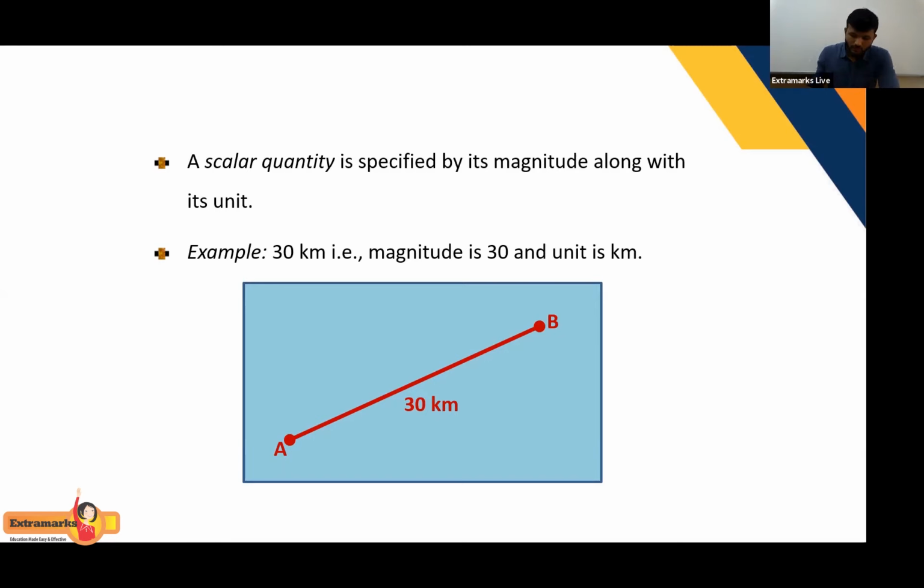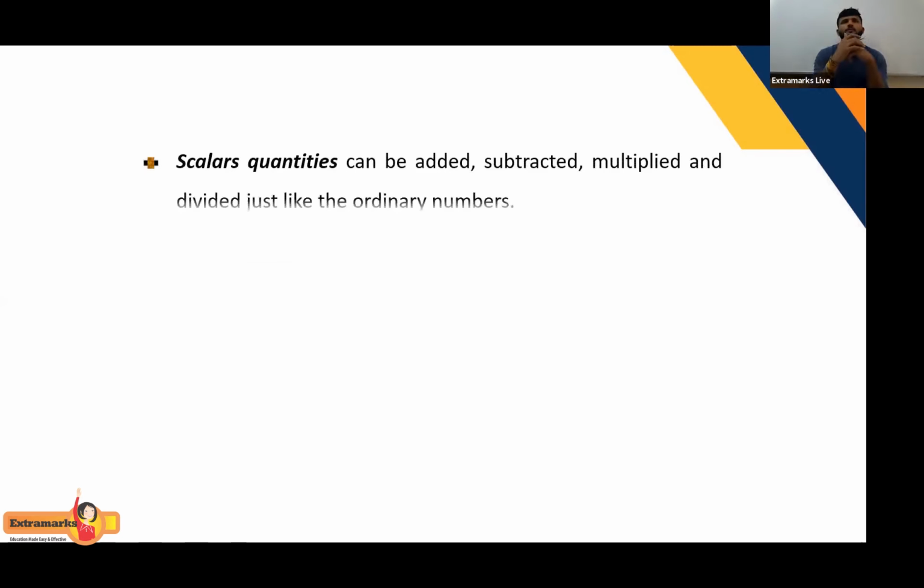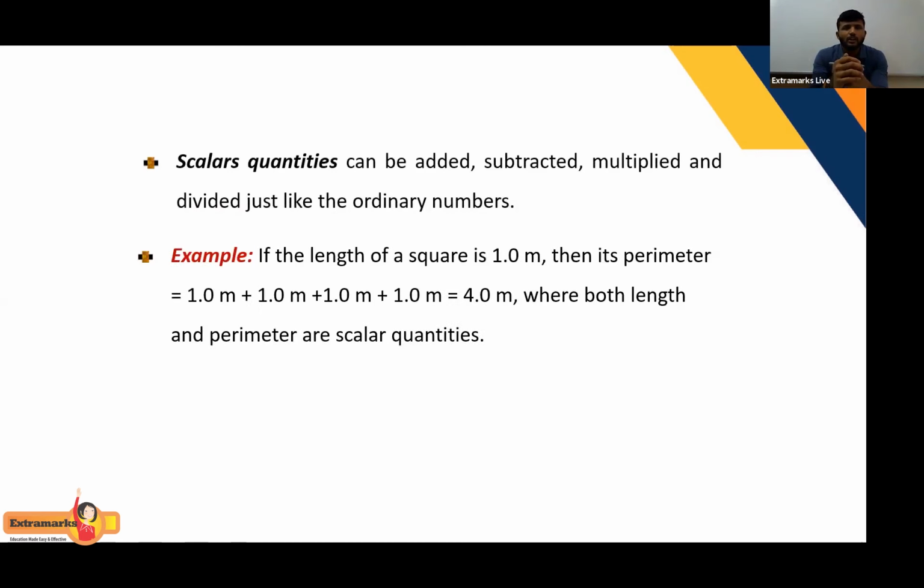Now, here in the figure you can see there are points A and B, and the distance between the points is 30 kilometers. So this is basically a scalar quantity because this is a distance. Here we are not giving any direction to it, and we are not concerned about the direction also. For addition, subtraction, multiplication, division of scalar quantities, we need not apply special rules or laws.